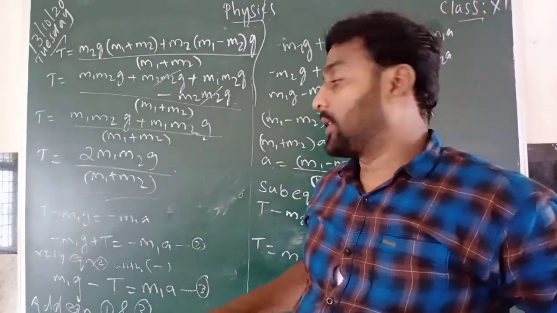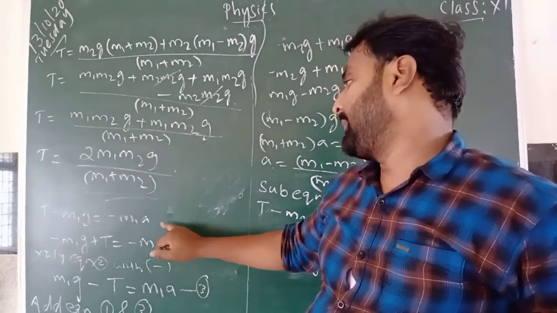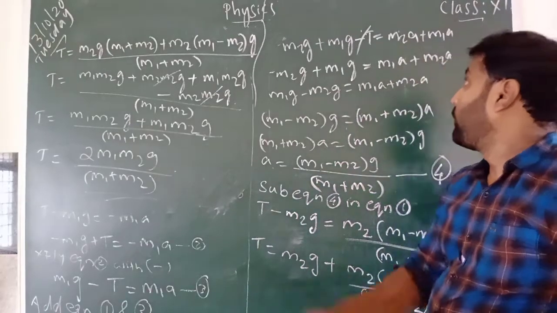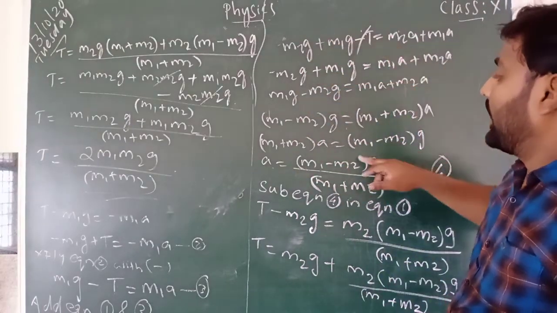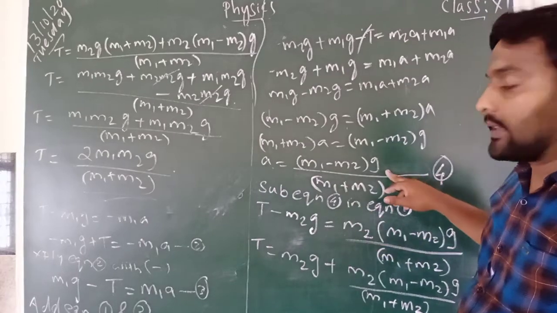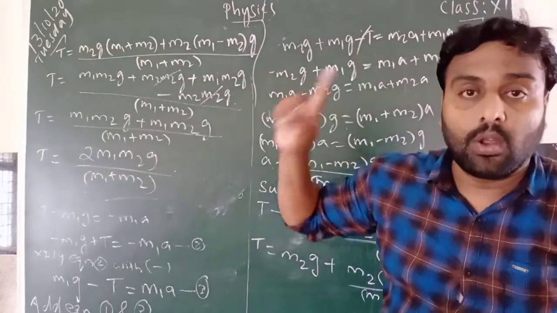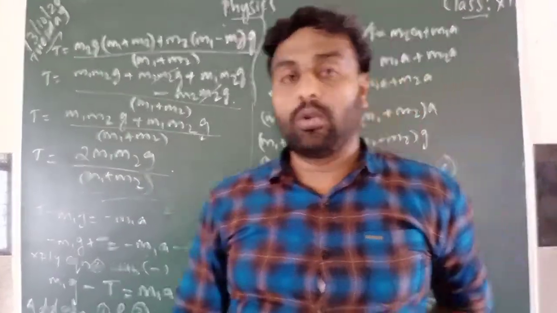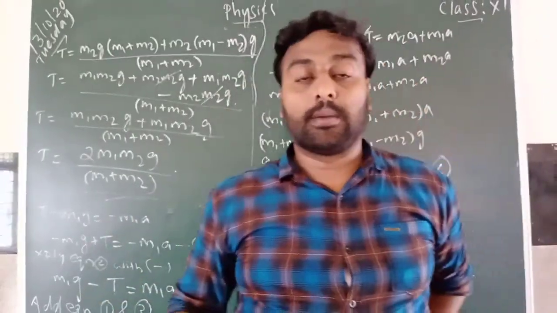This is our second equation. Then adding equations 1 and 2, we find the acceleration value. Then substituting this acceleration value in equation 1, we get the tension 2 m1 m2 g divided by m1 plus m2.